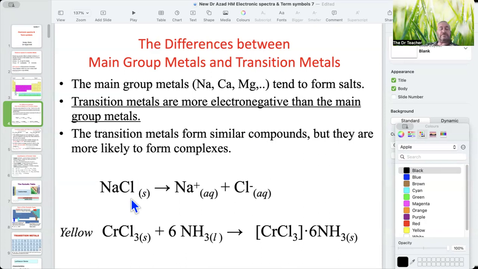But here, if you have trichlorochromium plus 6NH3, you end up with this complex as a solid.